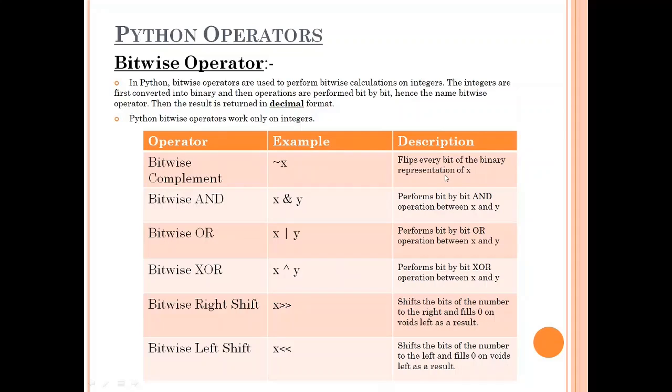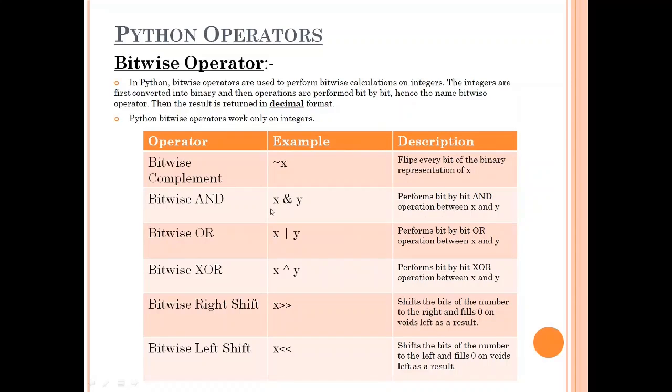That is, if the bit is 1, it is changed to 0, and if the bit is 0, it is changed to 1.